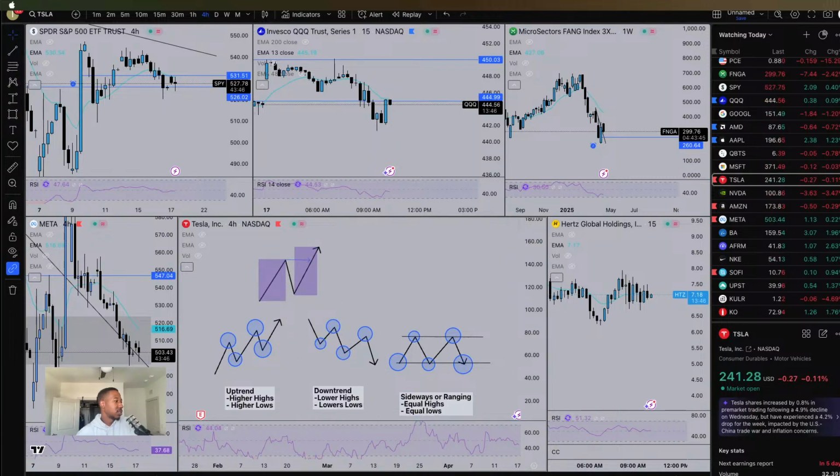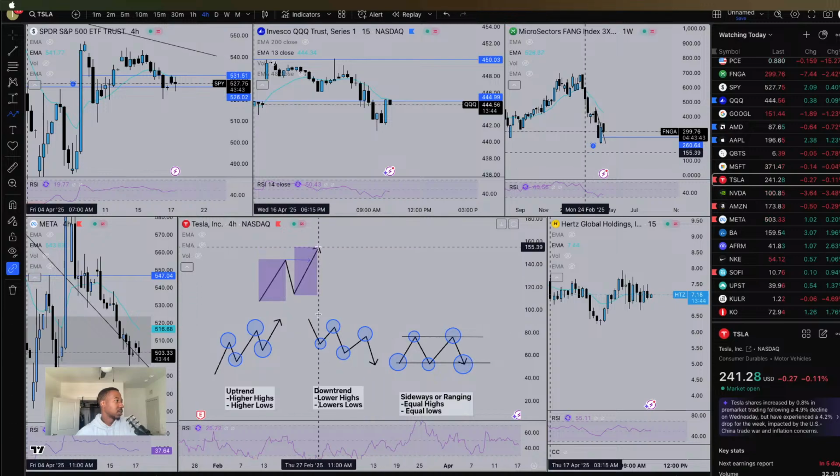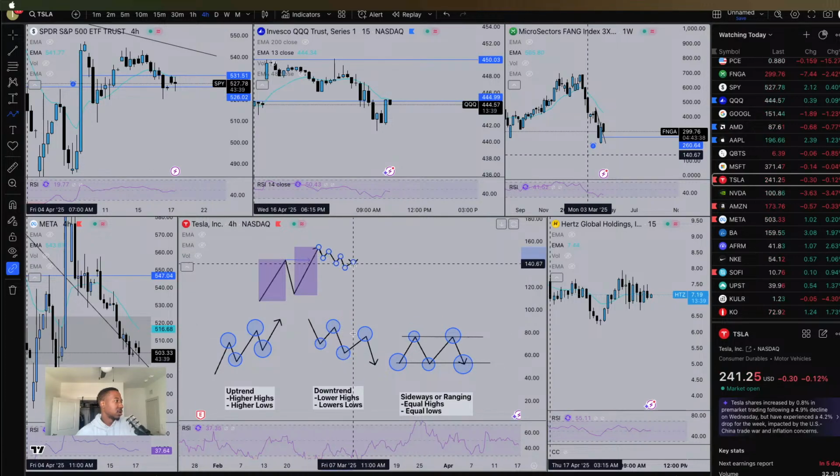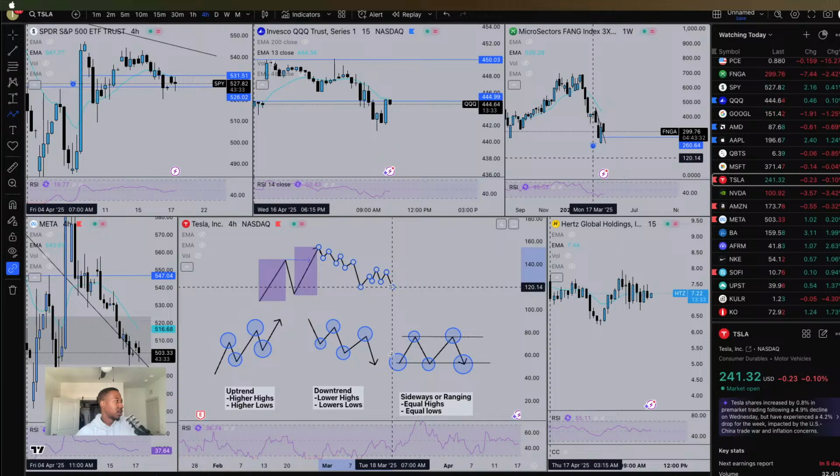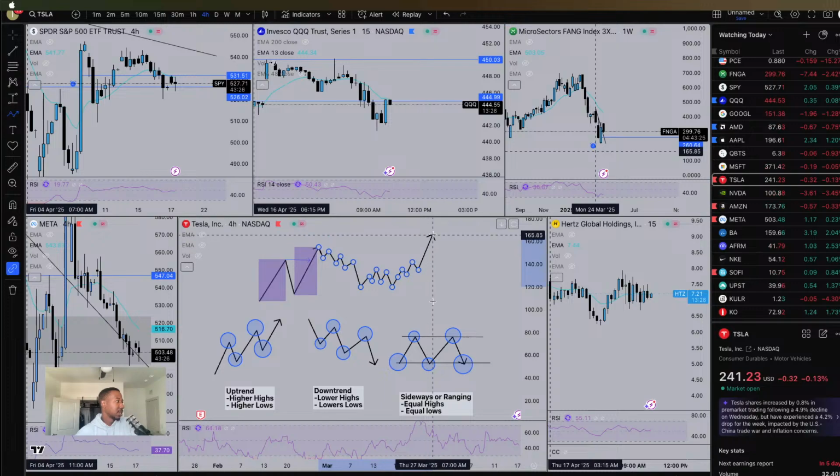So if we continue on and the stock does something like this, and it goes on a run and we have a bunch of random movement, and then all of a sudden we get something like this.